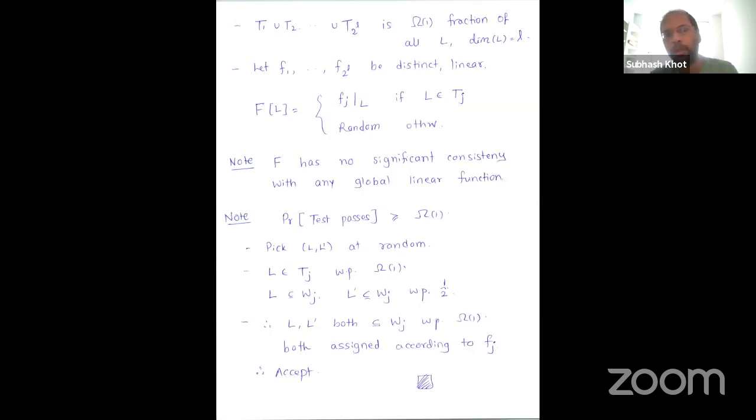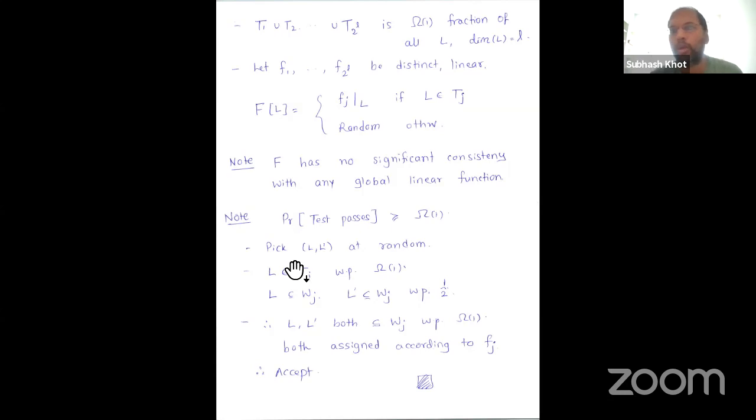The L prime just has one extra degree of freedom outside, and therefore it will also be completely contained inside W sub j with probability 1/2. Then L and L prime will both be inside W sub j, and both are assigned according to the same function f sub j, and the test will pass. So overall, the test passes with constant probability.